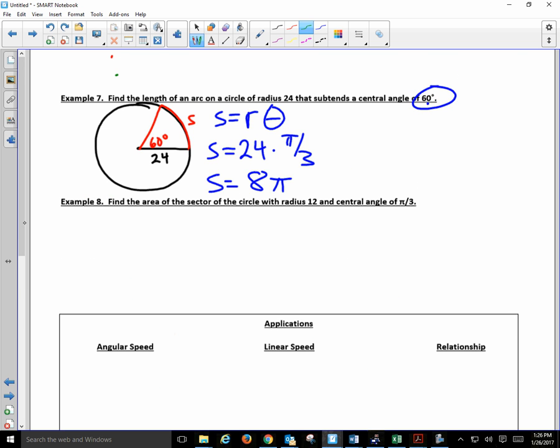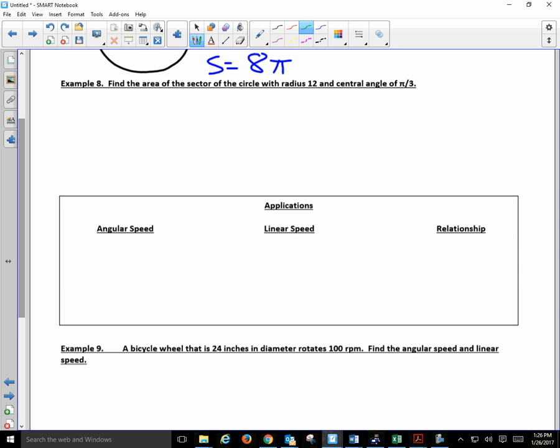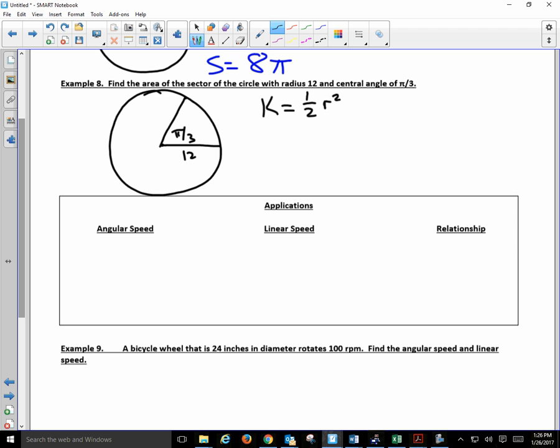All right. Example 8. Find the area of a sector of a circle with radius 12 and central angle pi over 3. We want to know the area. My formula, which I will give to you on the test, is K equals 1/2 r squared theta.